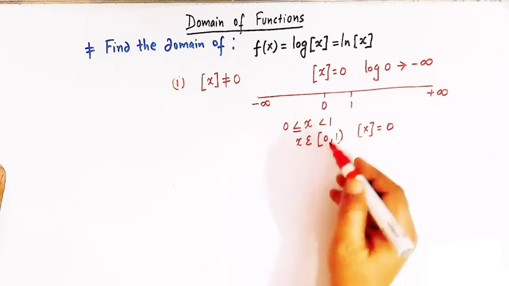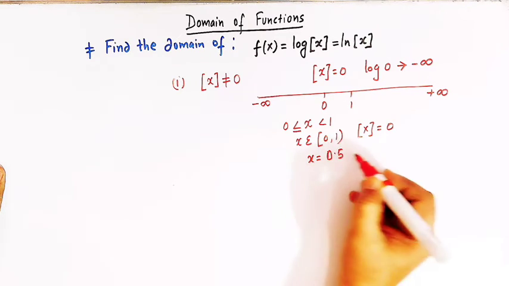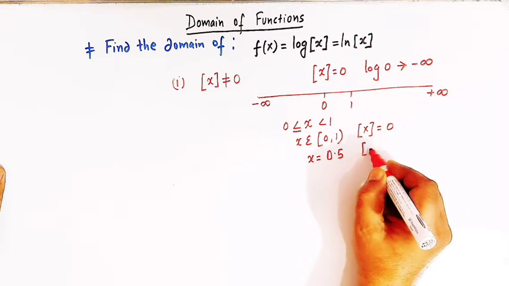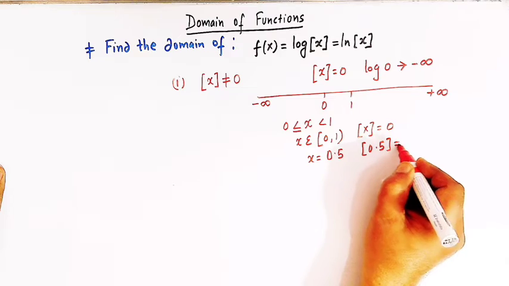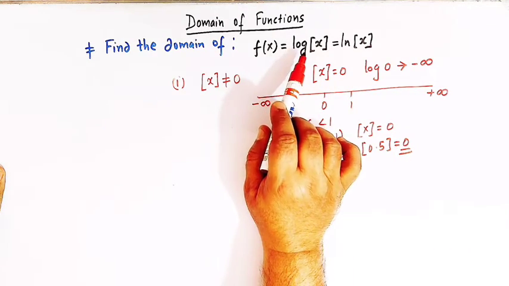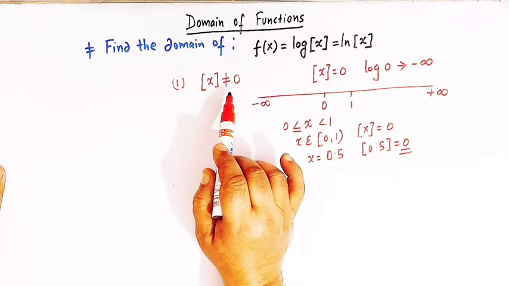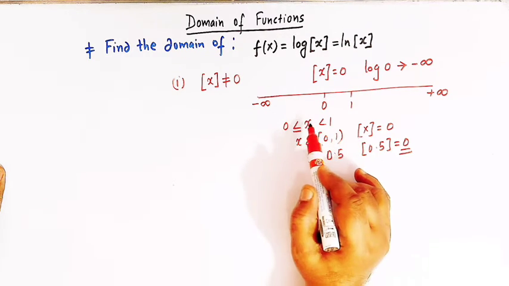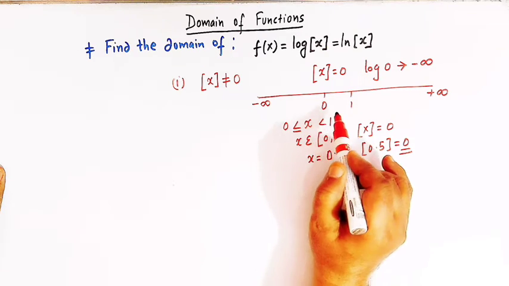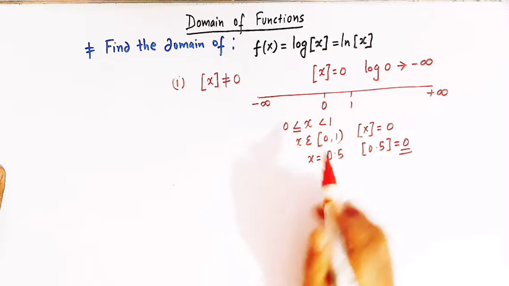For example, if x is equal to 0.5, then 0.5 lies between 0 and 1, and the greatest integer of 0.5 is equal to 0, right? So the first important point is that the greatest integer of x should not be equal to 0, or in other words, x greater than or equal to 0 and less than 1. So we should not have any value of x which lies in this interval.